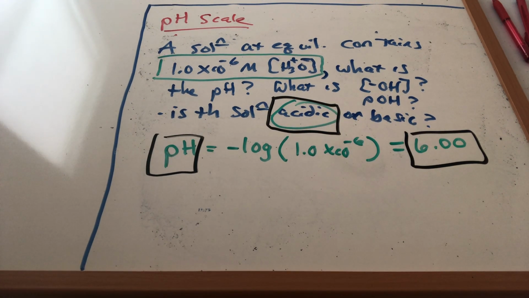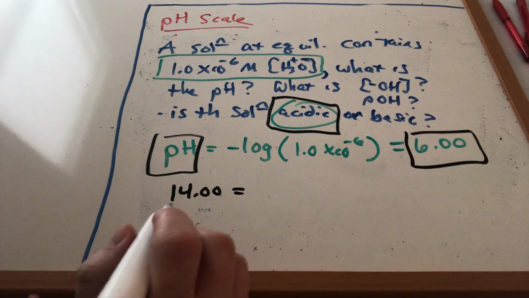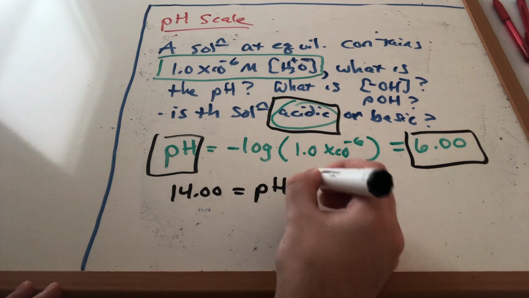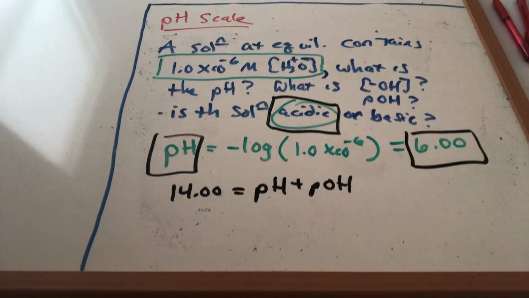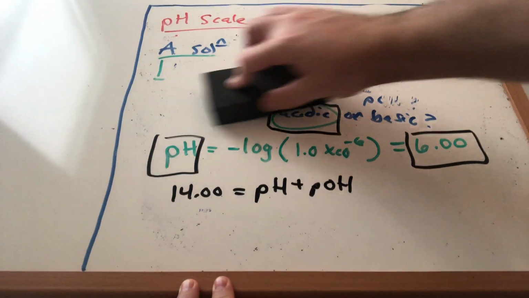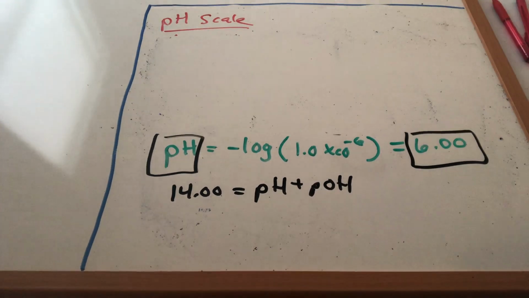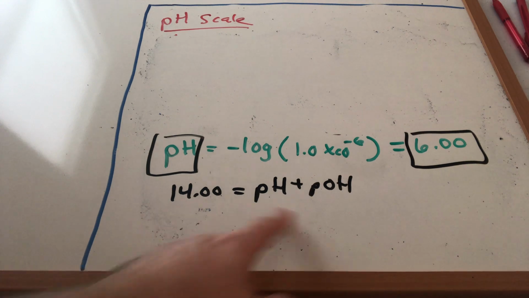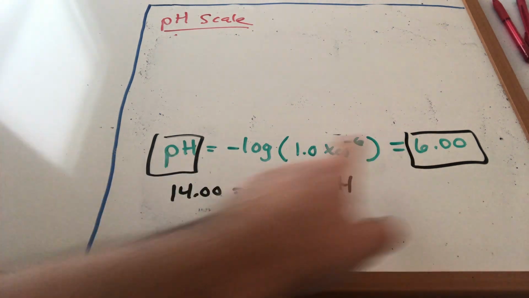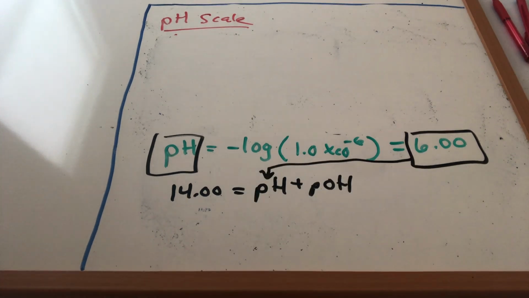Well, do you have this very important relationship that's already established in this video that relates pH and pOH? Well, sure. 14.00, which is pKw, equals pH plus pOH. I'm just going to erase some stuff at my top so I have some room. If I know that this is a truth no matter what, and now I have pH, I can take this number and throw it in there.